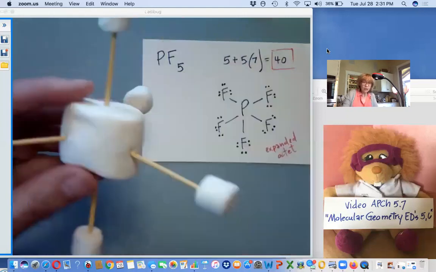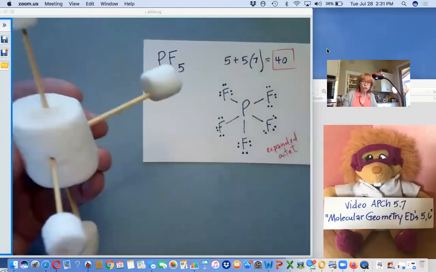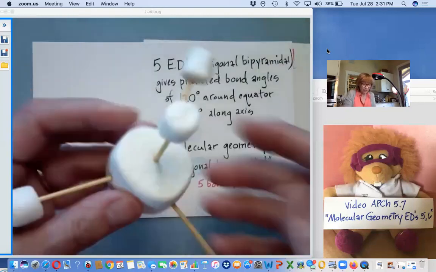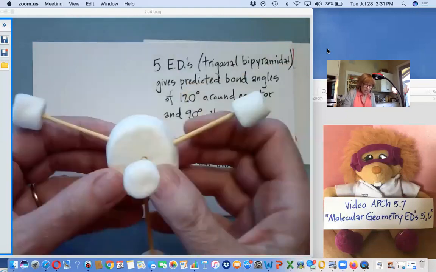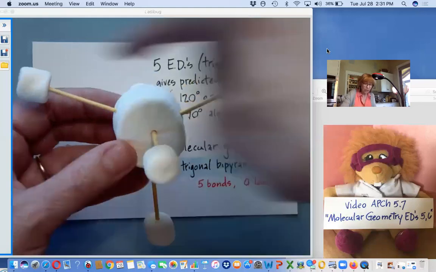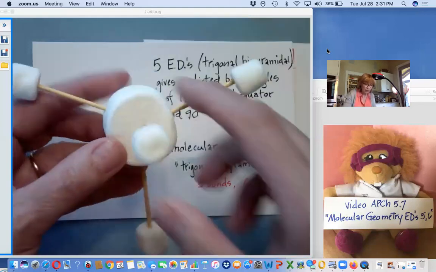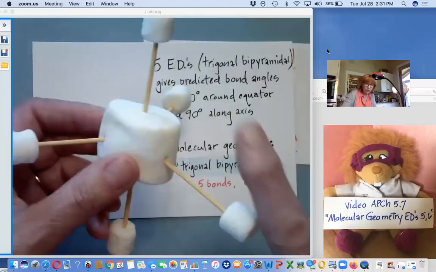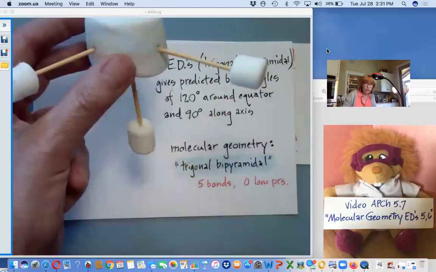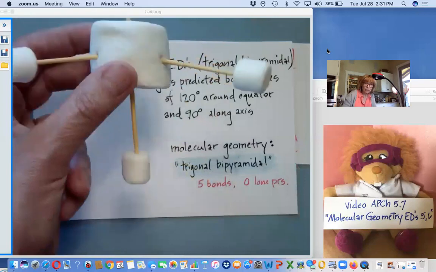This arrangement is called trigonal bipyramidal. So think of the equator plane as a triangle. That's the base of a pyramid that stretches above the equator, and a second pyramid that stretches below the equator.